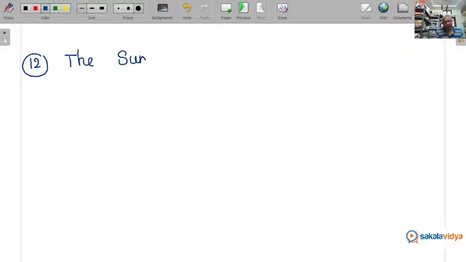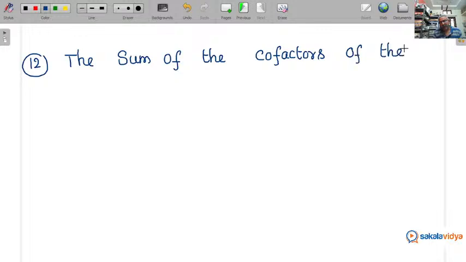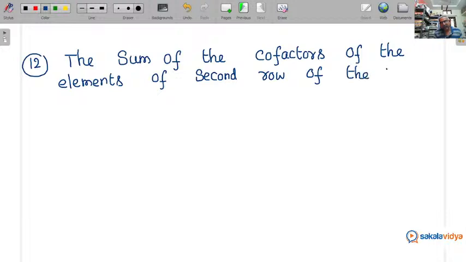The sum of the cofactors of the elements of the second row of the matrix with rows 1 3 2; minus 2 0 1; 5 2 1.